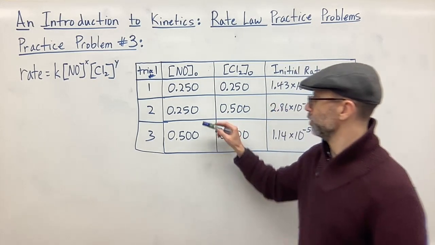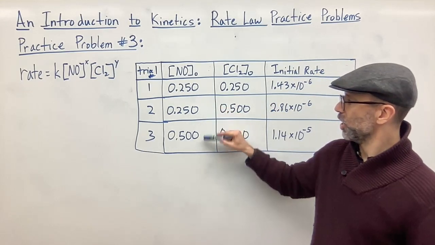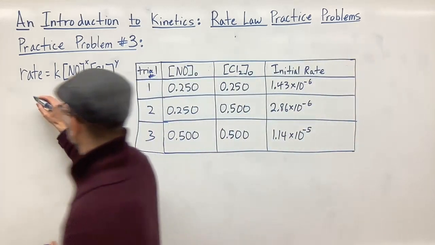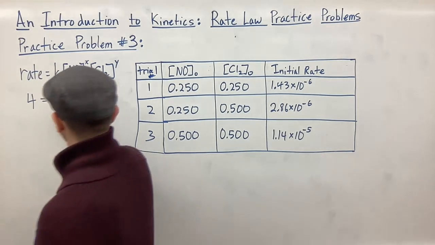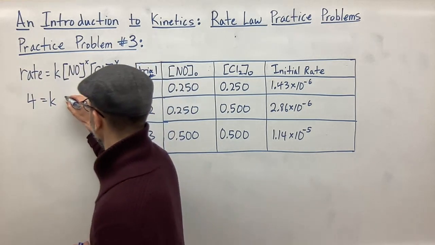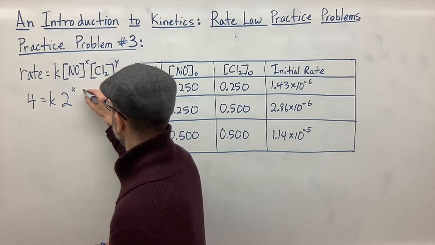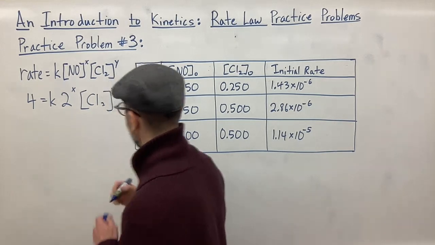So that means we're going to put a 2 in for the NO. We're going to put a 4 in for the rate. So the rate is 4. That's going to be equal to k, 2 for NO, so that's going to be a 2 raised to the X power multiplied by Cl2 to the Y power.